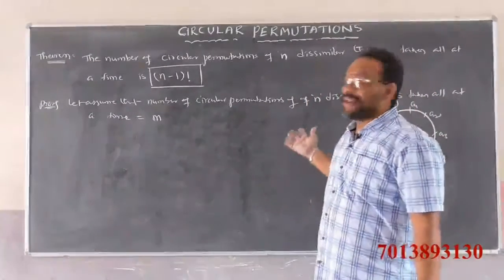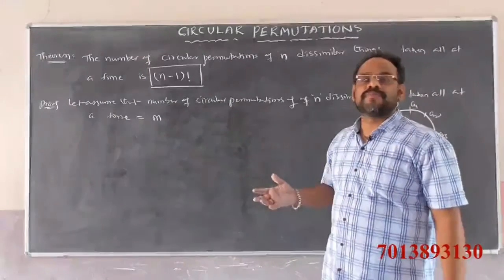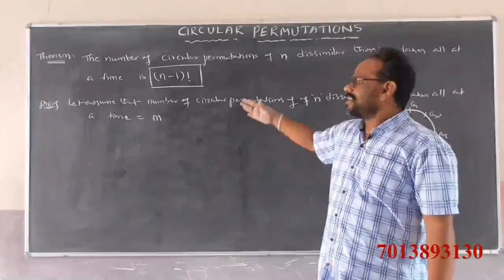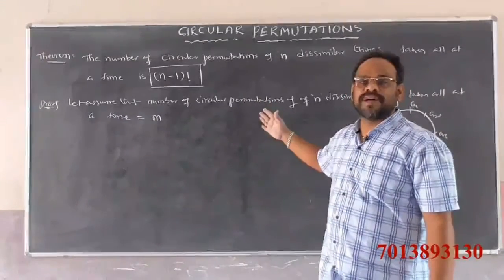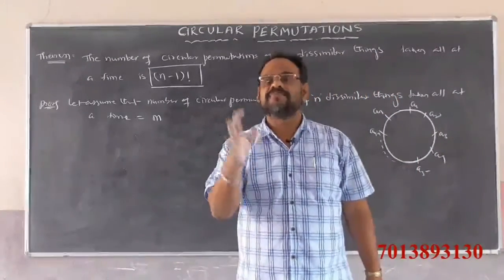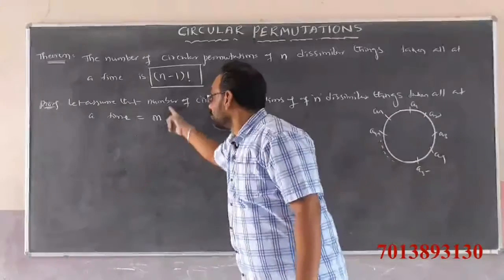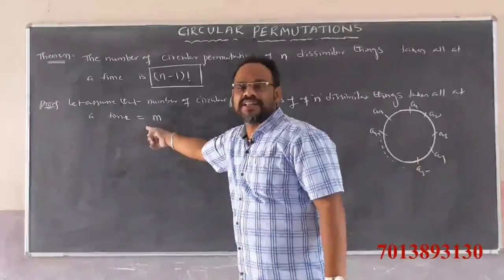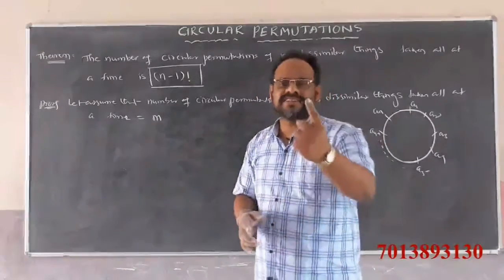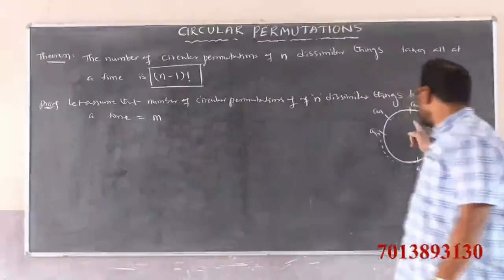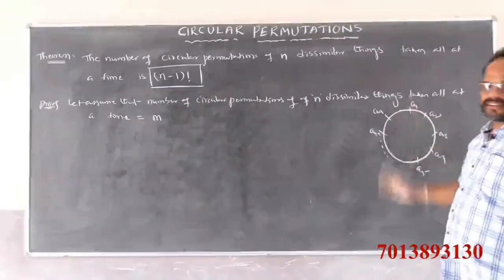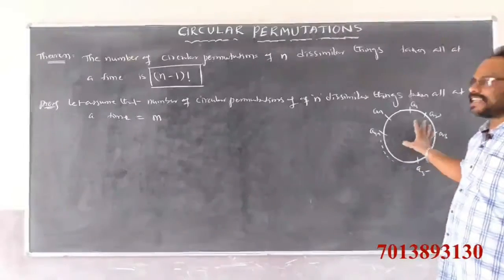We don't know how many circular permutations are formed, so let us assume the number is m. In that m circular permutations, consider one single permutation: A1, A2, A3, A4 and so on, An minus 1, An.